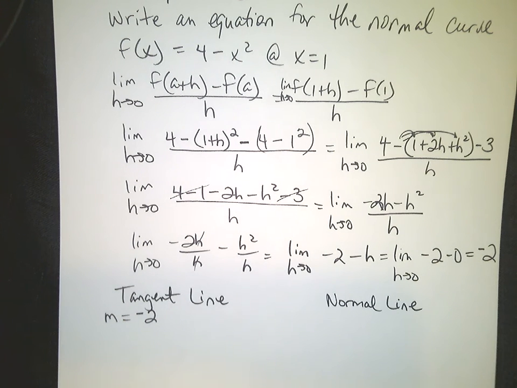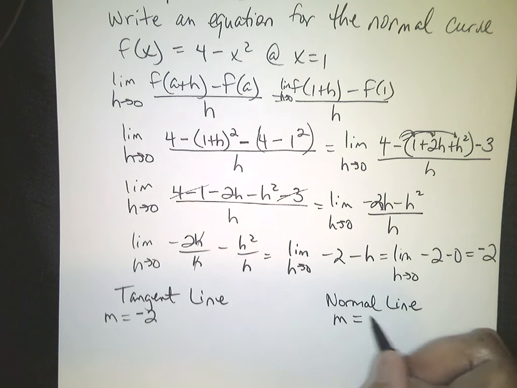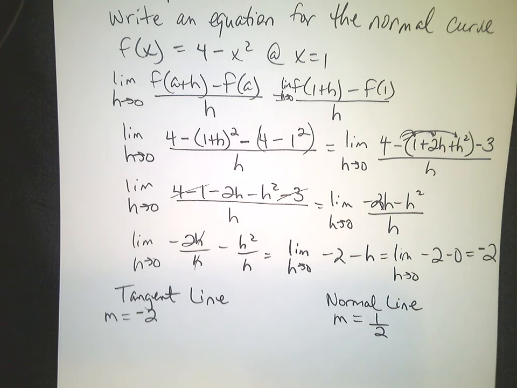And in a normal line, you want to use the perpendicular slope, which is what? It is the opposite and the reciprocal. So the opposite of a negative is a positive, and the reciprocal of 2 is 1/2. So you must use positive 1/2.